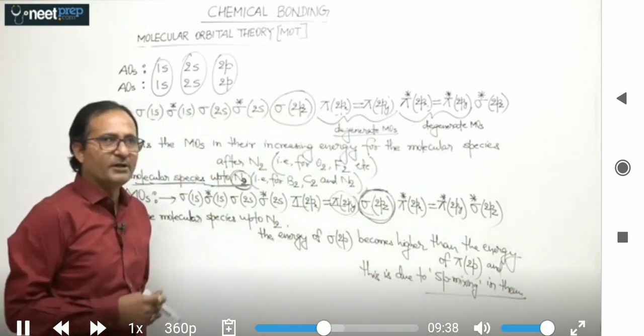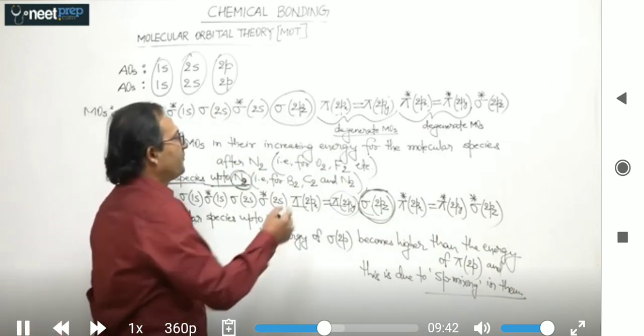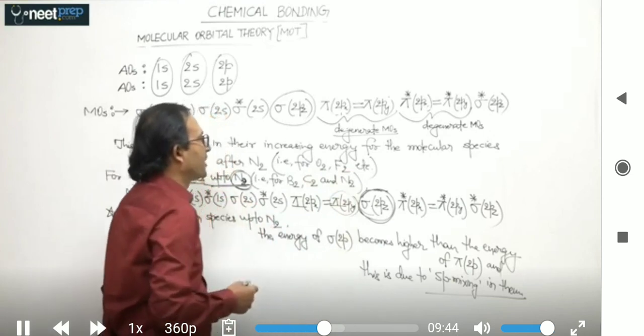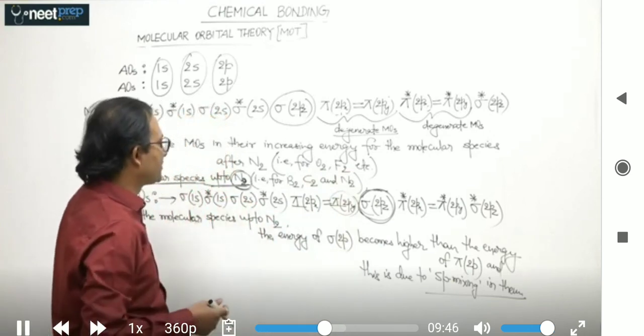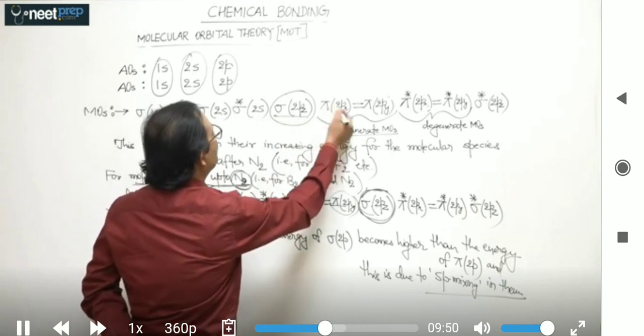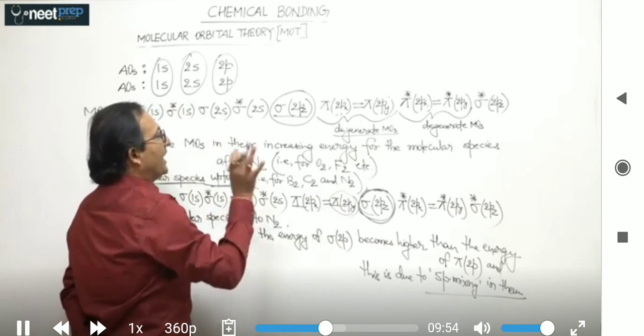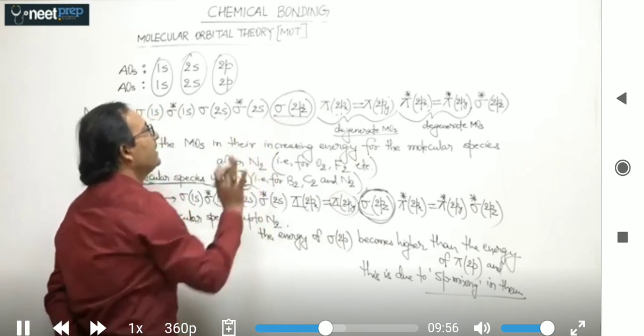But for the molecular species after N2, that is for O2, F2, etc., the energy of sigma 2p is lesser than the energy of pi 2p. That means no sp mixing in them.